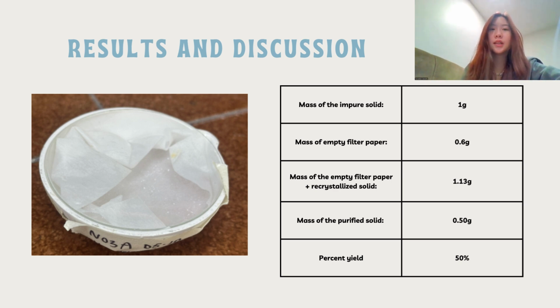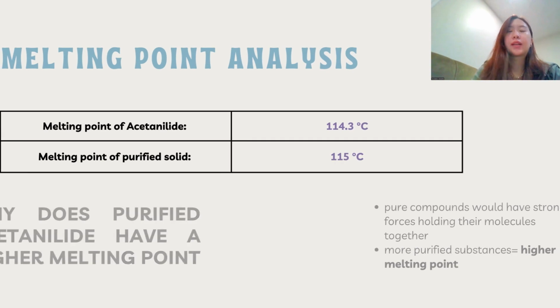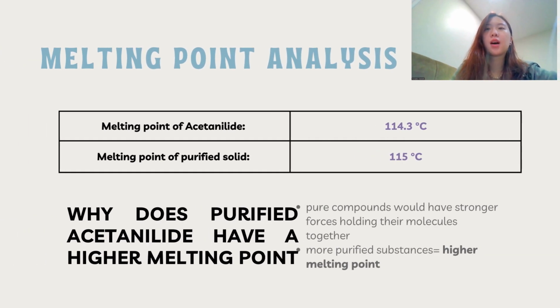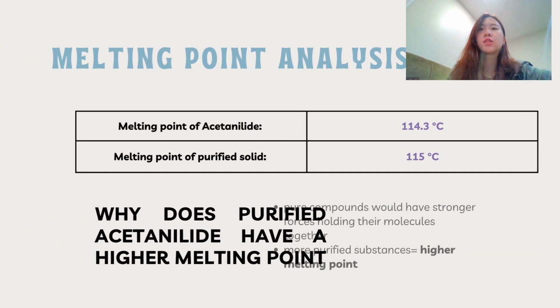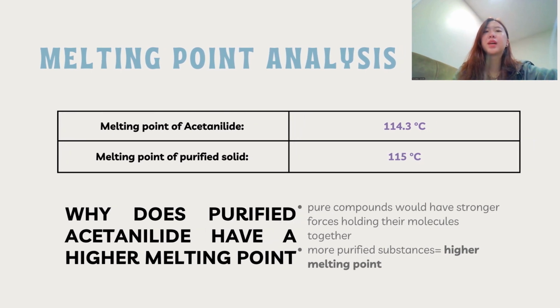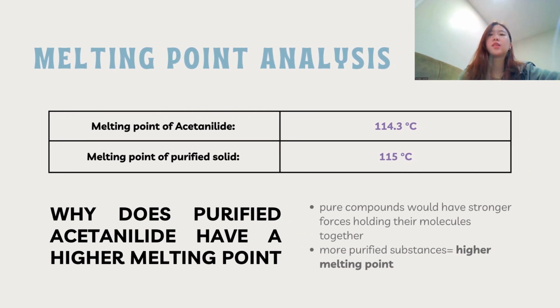And then the percent yield was computed when we divide 0.50 over the mass of the impure acetanilide, which was 1 gram, multiplied by 100, which we got was 50%. The melting point of our acetanilide was found to be 114.3 degrees Celsius, but the melting point of pure acetanilide is 150 degrees Celsius.